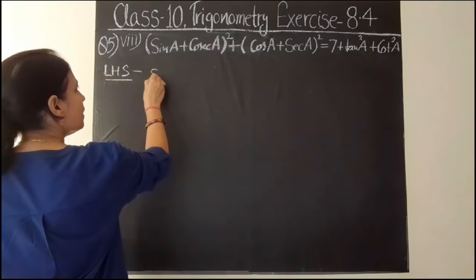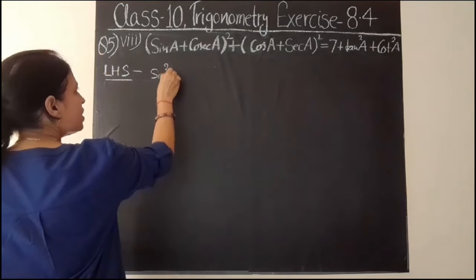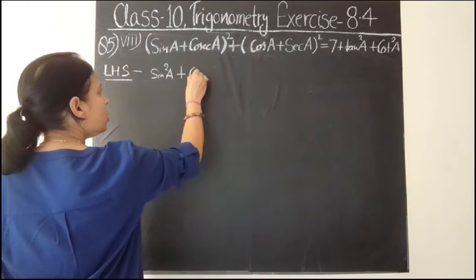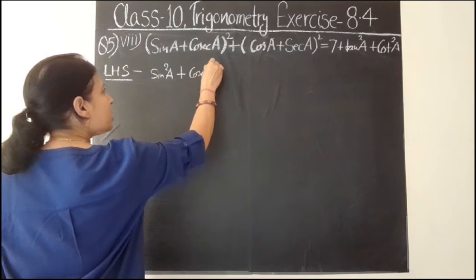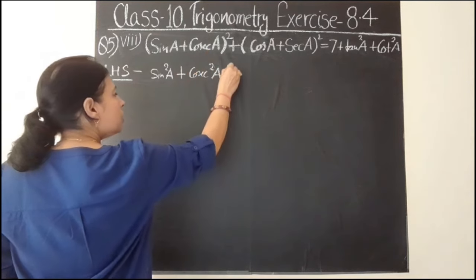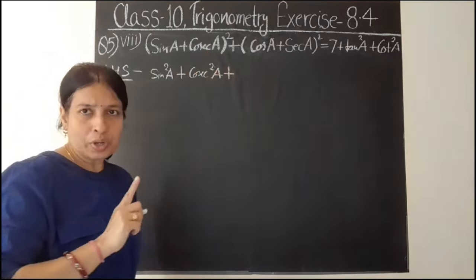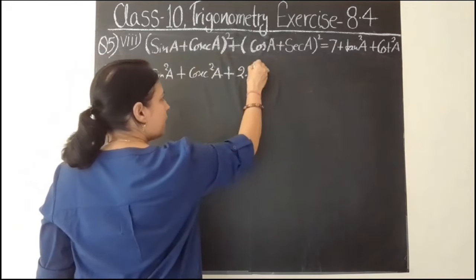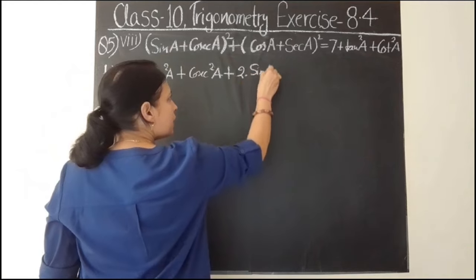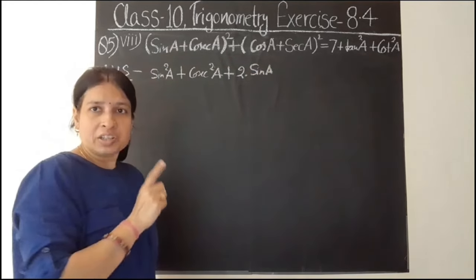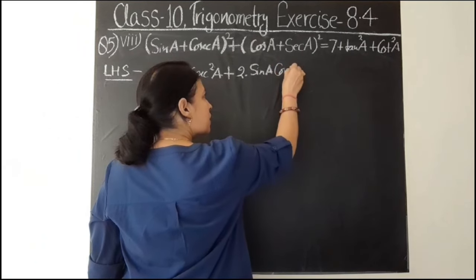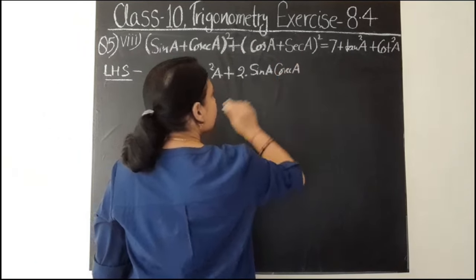So it will be sin square A plus B square, which will be cosec square A, plus 2AB. So write here 2, A is sin A and B is here cosec A. So write here cosec A.